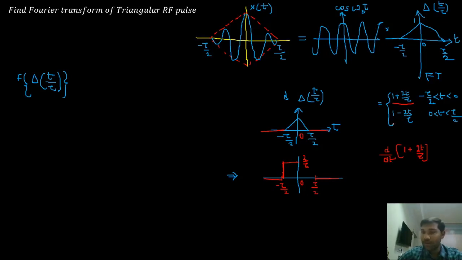Then what happens in this range here? In the range 0 to tau by 2, I have to differentiate 1 minus 2t by tau with respect to t. So the value is going to be minus 2 by tau, right? Let me write it clearly.